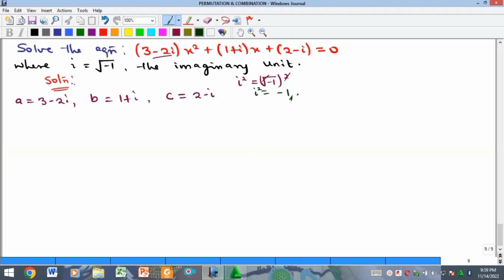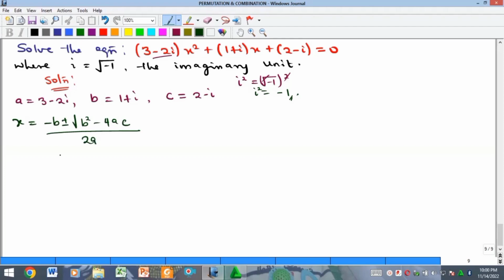To solve this, we are quickly going to use either the completing the square method or the formula method. We're just going to use the formula method, which says that x is equal to minus b plus or minus the square root of b squared minus 4ac, all over 2a.